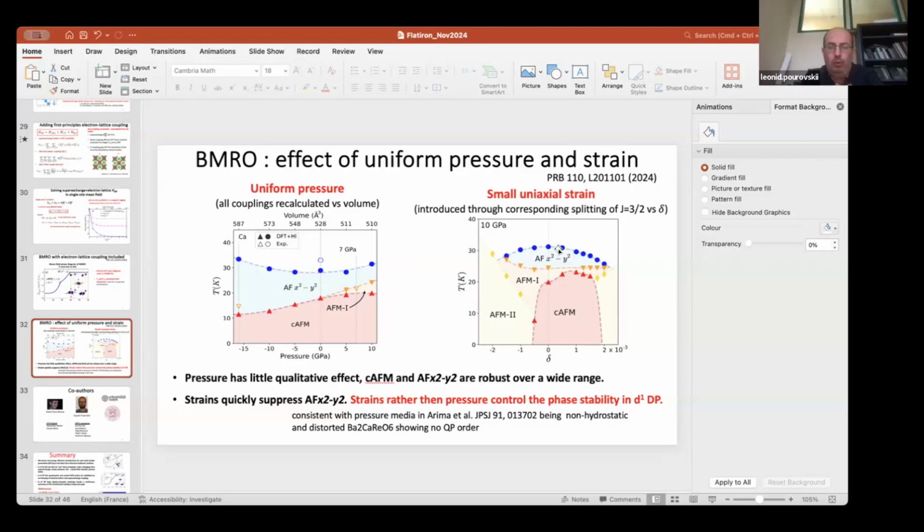Well, I guess if you approach, let's say, the transition point, you should have higher order contributions to superexchange, not T squared, but T4 and so on. It's difficult to say how they affect the result.